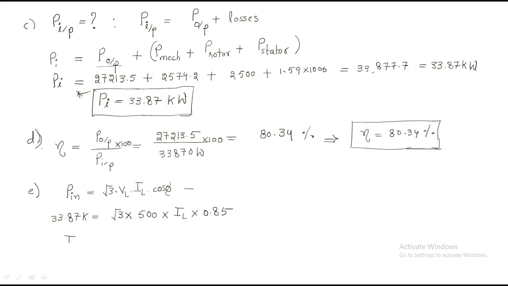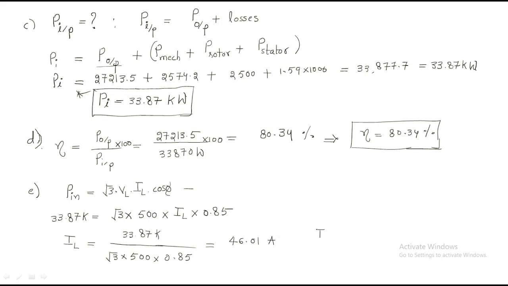By doing the calculation, IL equals 33.87 kilo divided by √3 into 500 into 0.85, which gives IL equal to 46.01 amperes.